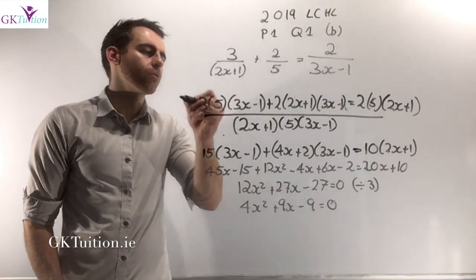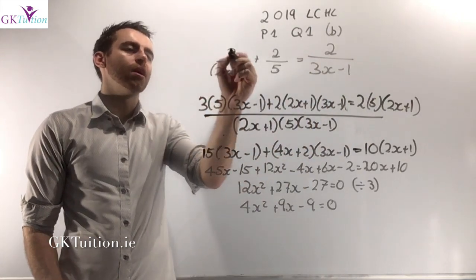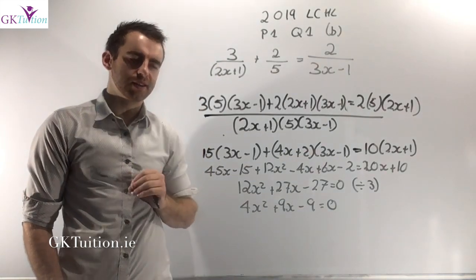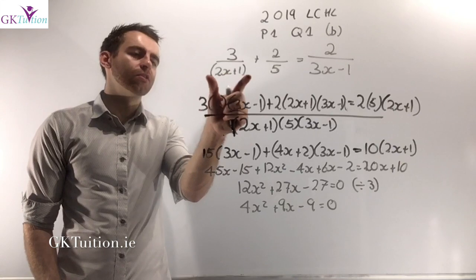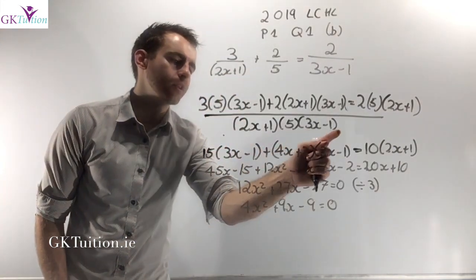Now, to figure out what goes on top, a lot of students struggle. So the first thing I would do is I realize the numerator of the first fraction is 3, so I take that down. And then you ask yourself, how many times does 2x plus 1 divide into the bottom of this fraction?